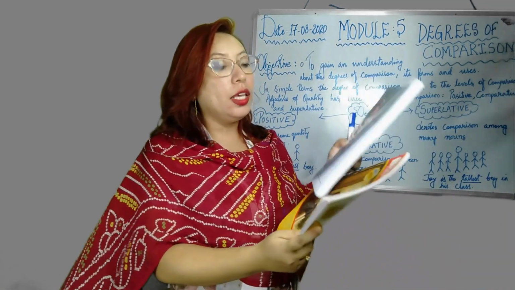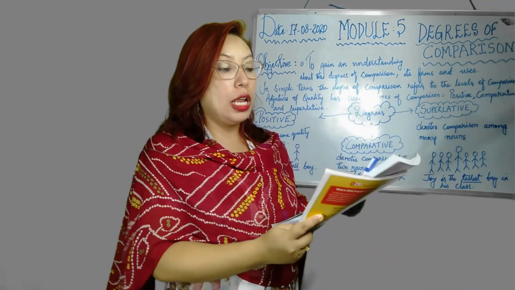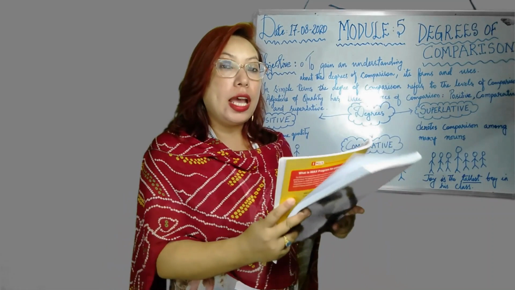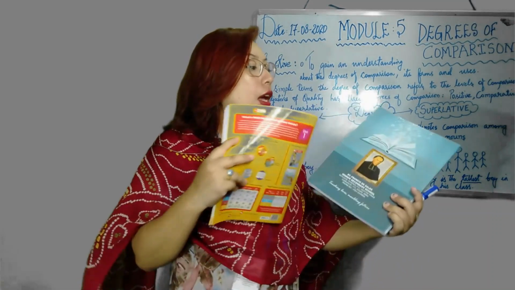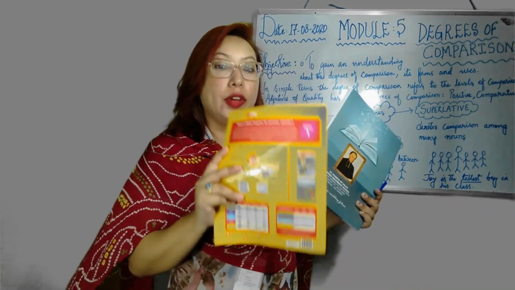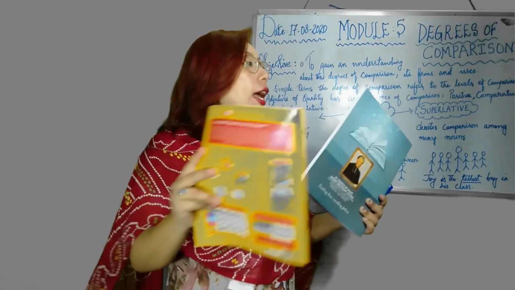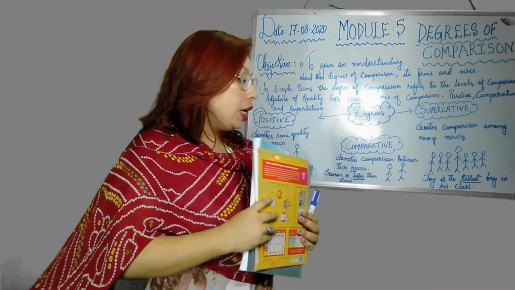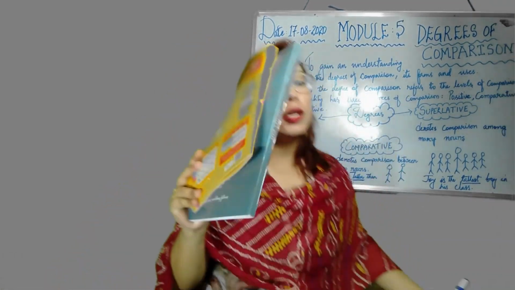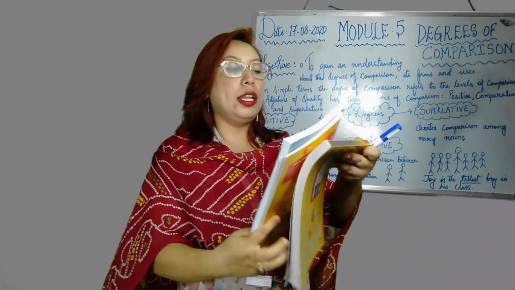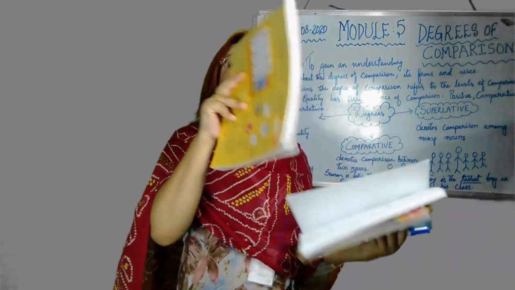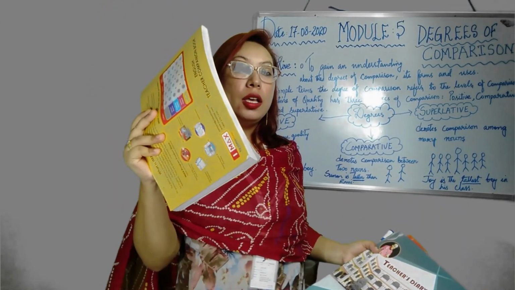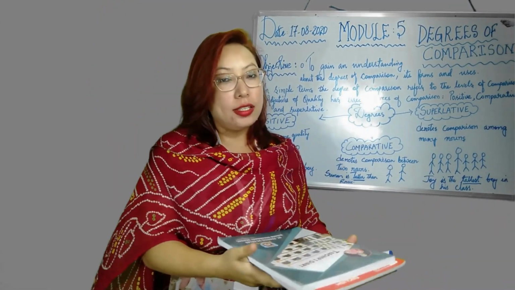This book is thicker than the first book. Now I am comparing these two books, and after comparing, I came to know that the other book is thicker than the first one, right? This kind of degree is called the comparative degree. And if I try to compare many books together, then I come to know that this is the thickest among all my books. Thickest. So thick, thicker, thickest, right?